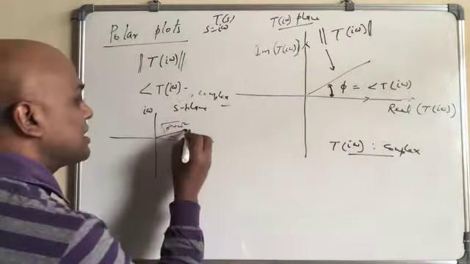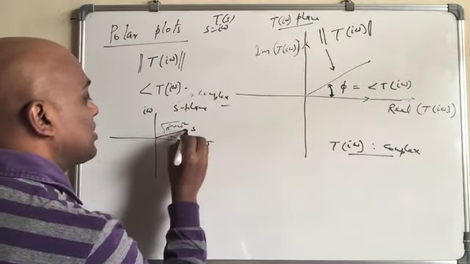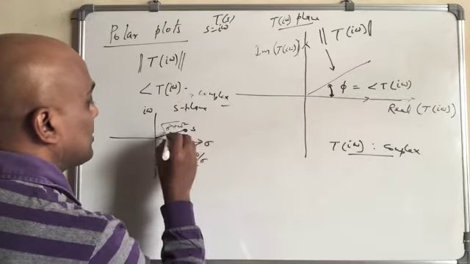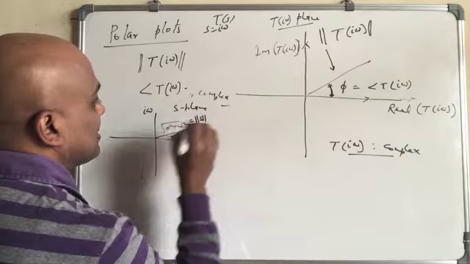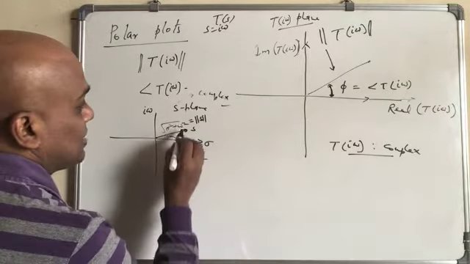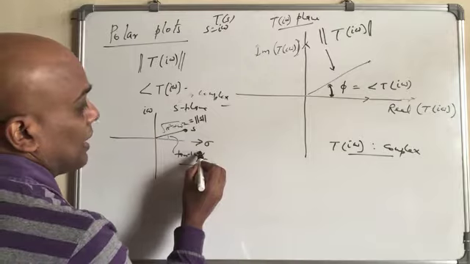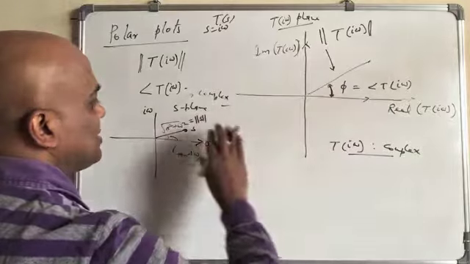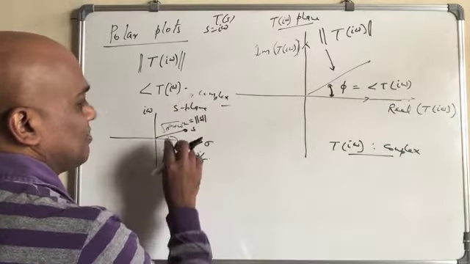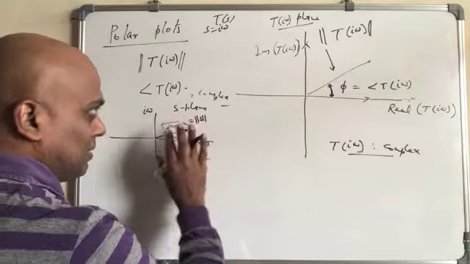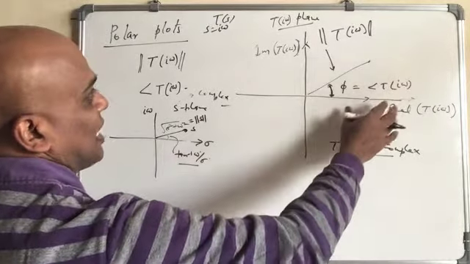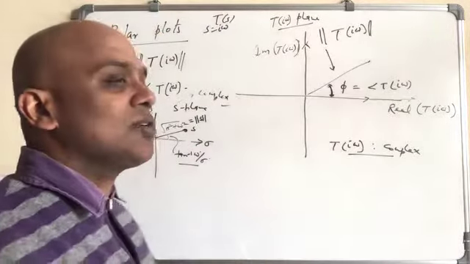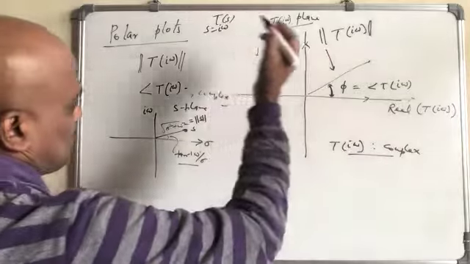Here as a point, there's some point S, the distance from here to here is root sigma square plus omega square. An angle is simply the imaginary part over the real part. Same thing will be here. Only thing is you are plotting S there, and hence plotting S on the S plane. Now you are plotting T(iω) on the T(iω) plane, or we can call it also the G(iω) plane, right?